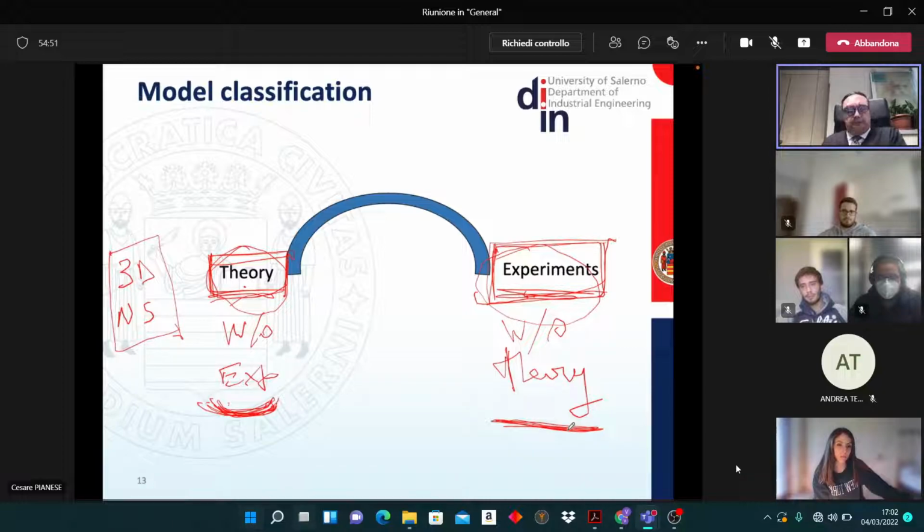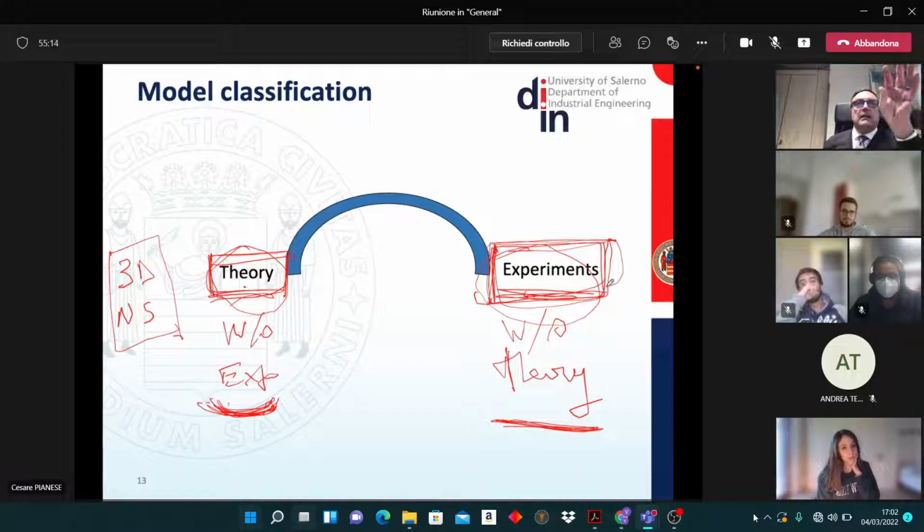So be careful, because for sure this may have a loss in generality, because it depends on the experiment. If you are able to present to the model all the possible experiments available in real life, your model, if well done, is the best model you may have.